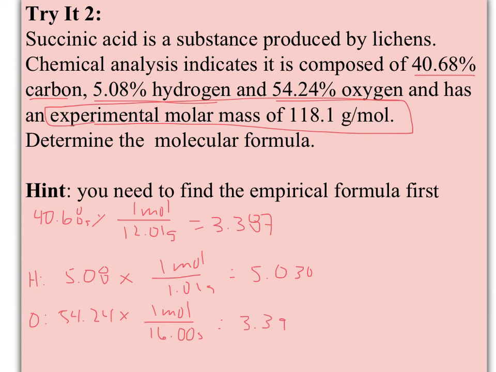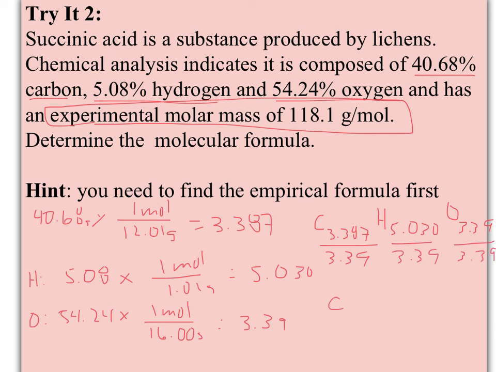So now when I set up my empirical formula, C 3.387, H 5.030, and O 3.39. So I'm basically dividing these each by 3.39, or 3.387 if you prefer.